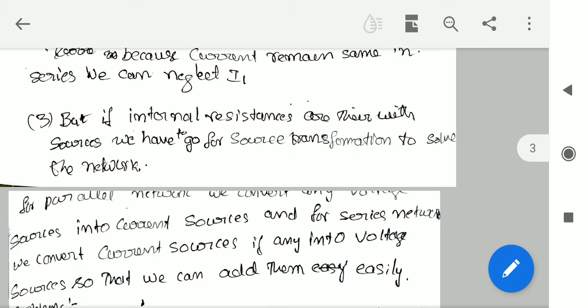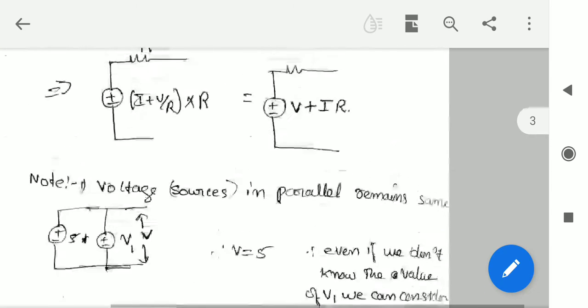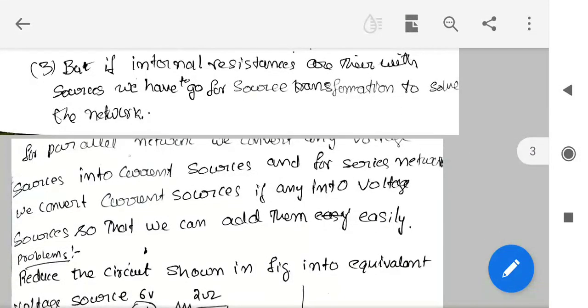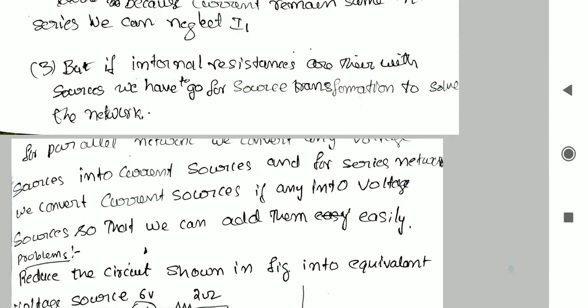If there are internal resistances, this does not hold good and we have to go for a source transformation as before. A parallel network we can convert in a given network. If there are parallel elements, it is better to convert a voltage source into a current source. If current sources are in series with their internal resistance, it is better to convert them into voltage sources.